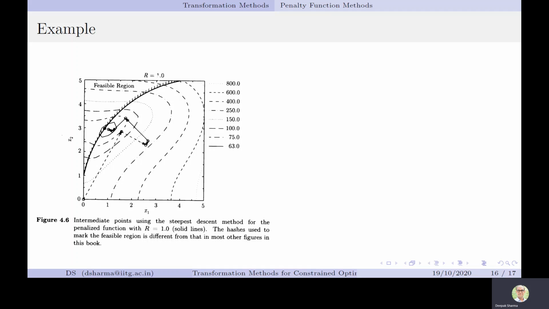So the point is that in the previous sequence, we started with the point (0, 0). Although this point was closer to the feasible space, the point itself was very far from the optimum point. And therefore, in sequence 1, when we get an optimum solution for the penalized function, the penalized function value was improved, but the constraint violation was increased. It is only because we get a point which is far from the feasible region but closer to the optimum solution.